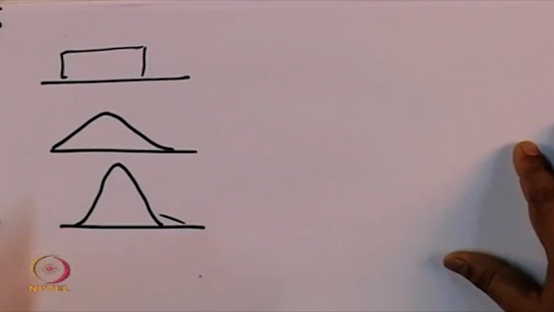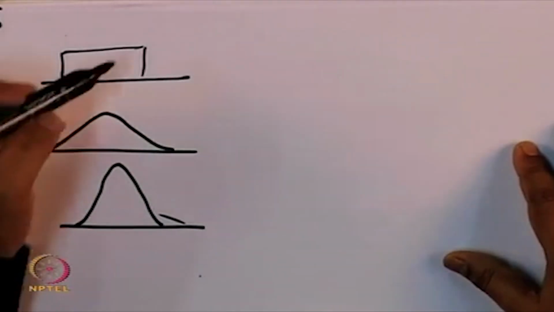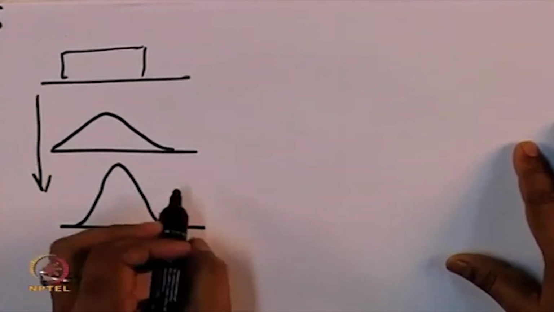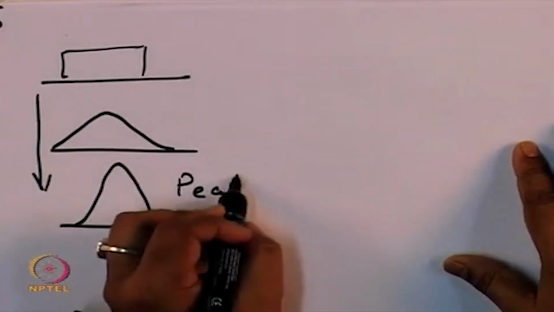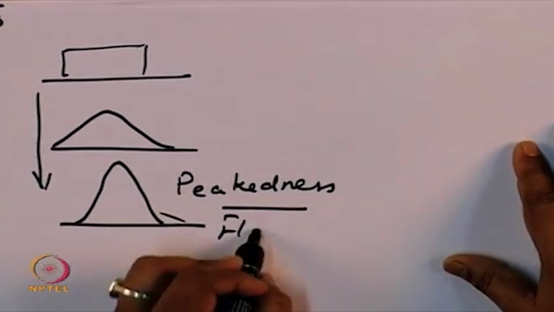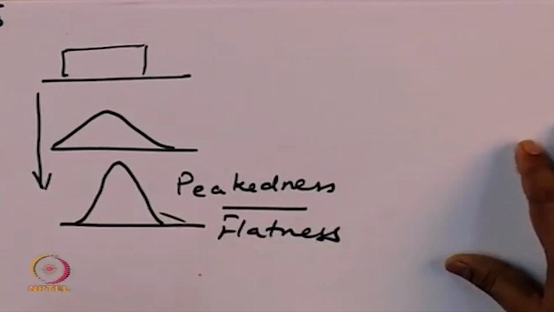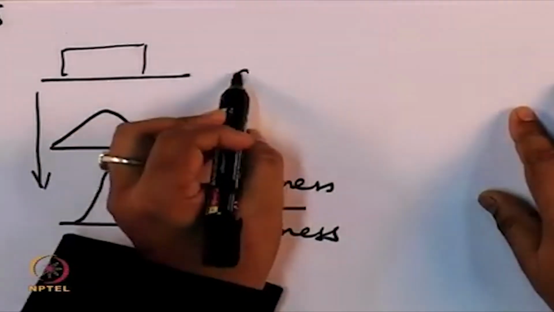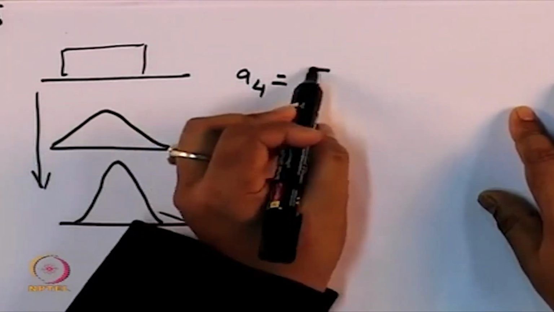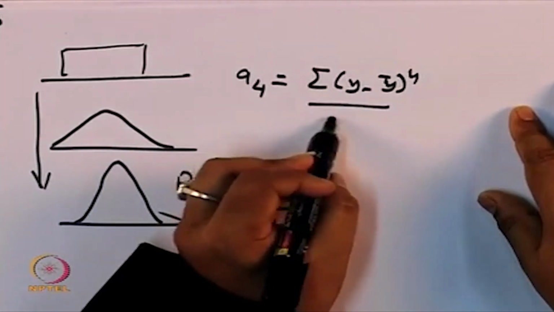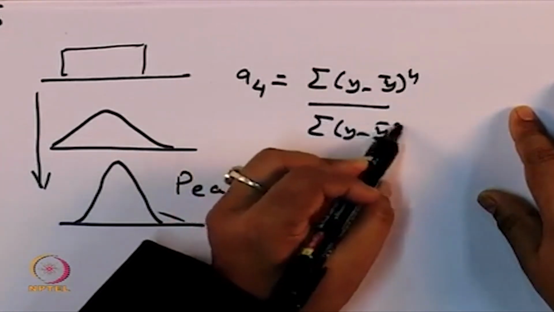The peakedness of the curves is increasing. It measures the peakedness or flatness of a curve, and it is given by this metric A4, which is defined by summation y minus y bar whole to the power 4 divided by summation y minus y bar whole square.